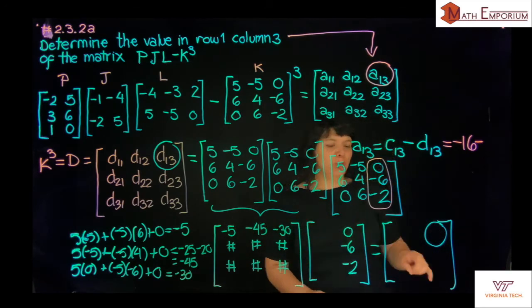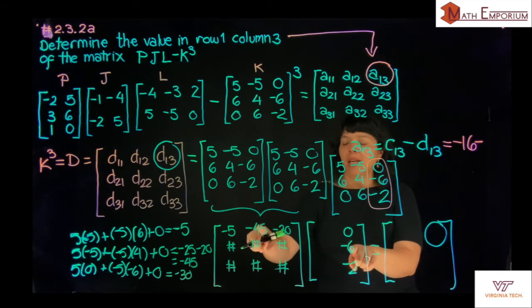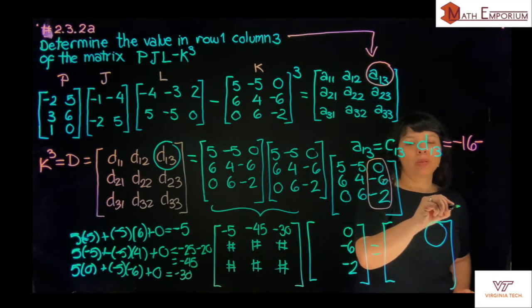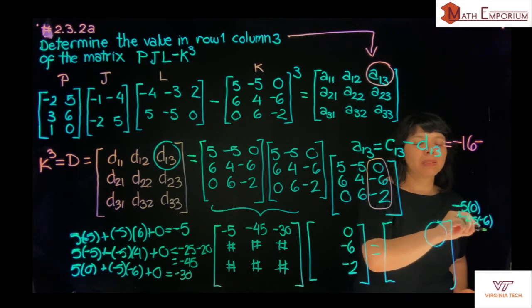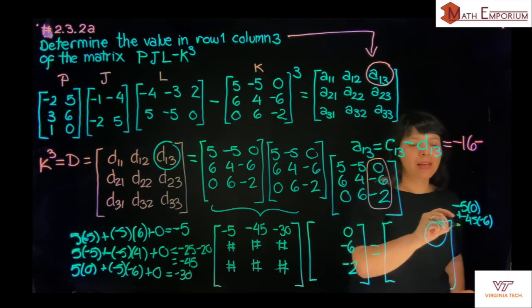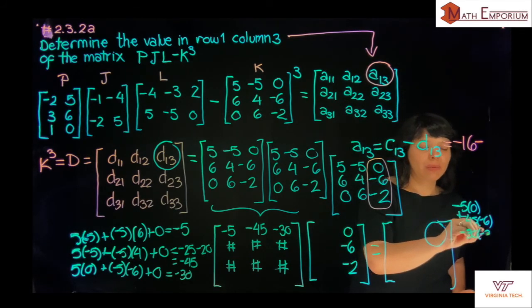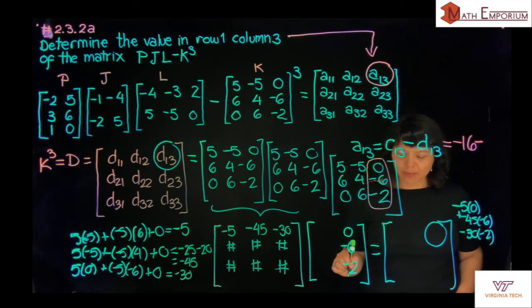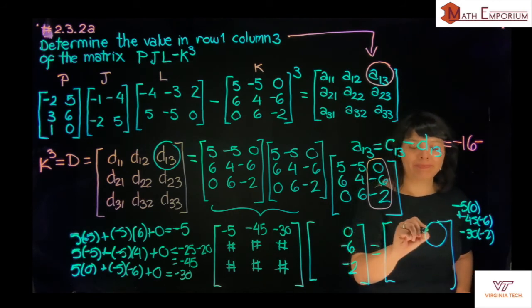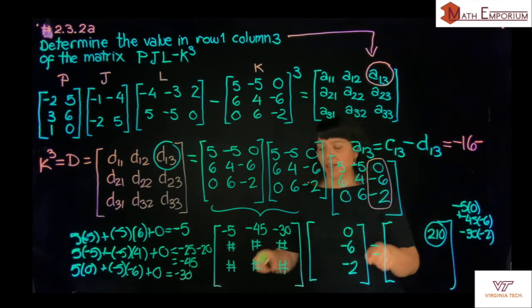So this is going to be negative 5 times 0, and then I'm going to do negative 45 times negative 6, and then minus 30 times negative 2. And that gives me 210. Okay, so D13 is 210.